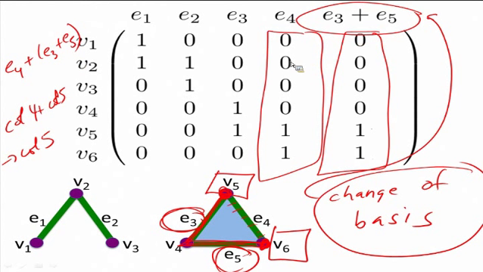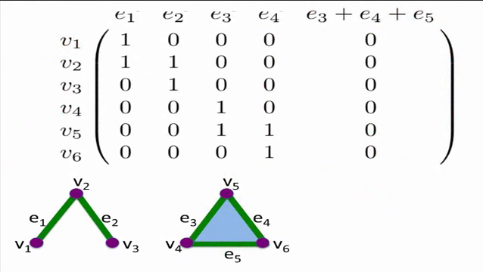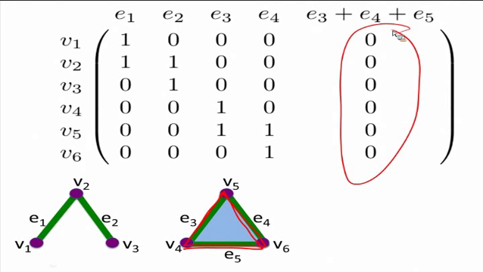So when I add these things here, I'll not only get zeros here, I'm also going to be adding the E4 right there. So we now have this. And what is the boundary of E3 plus E4 plus E5? What is the boundary of this? It's 0, which is good because we now have that its boundary is 0.